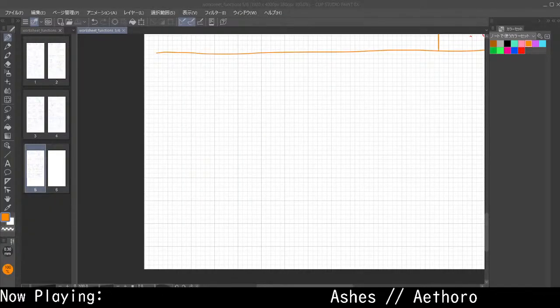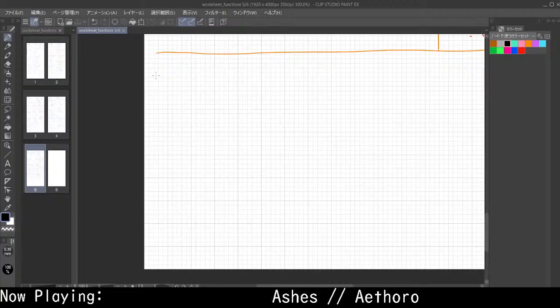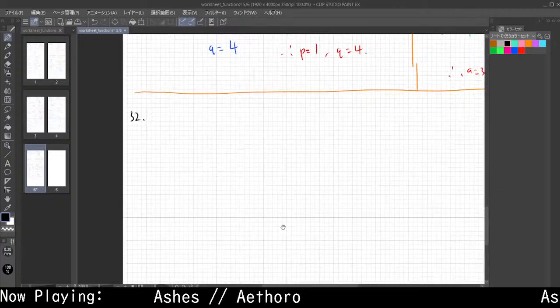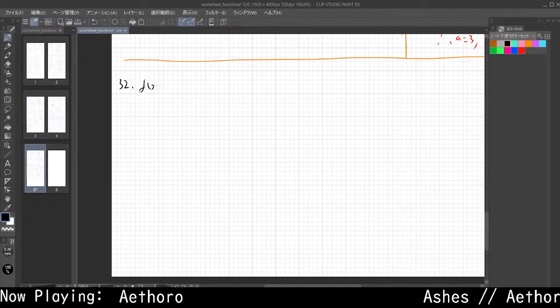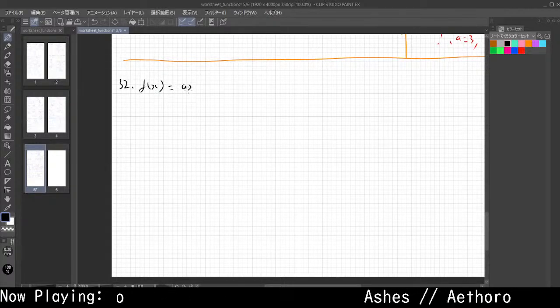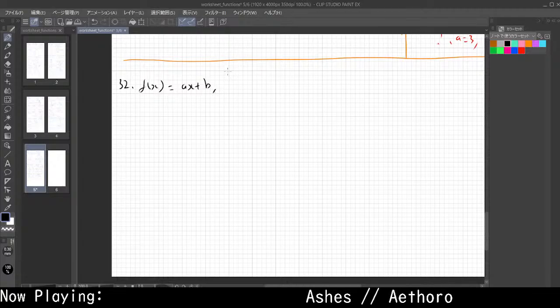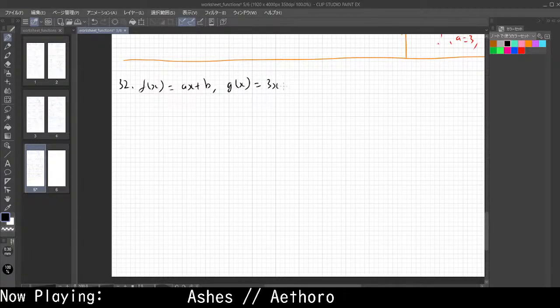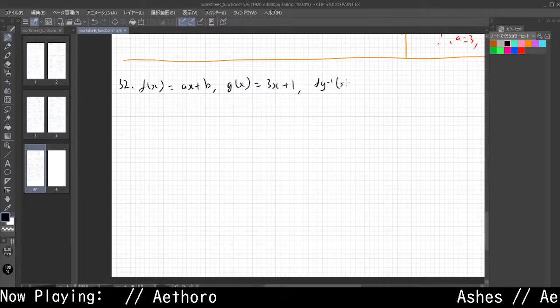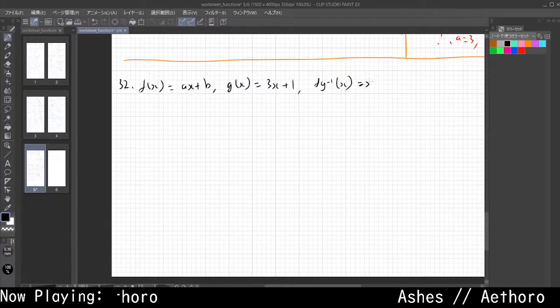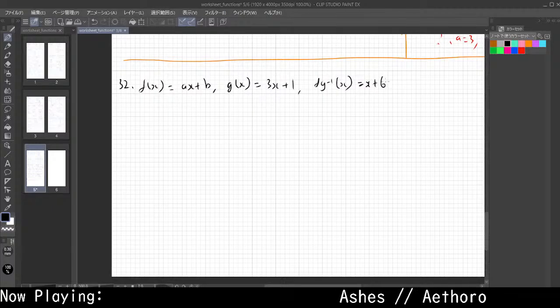32, given that f(x) equals ax plus b, this is another comparison question. I put this many, so you can obviously expect one of these to come out in the exam.